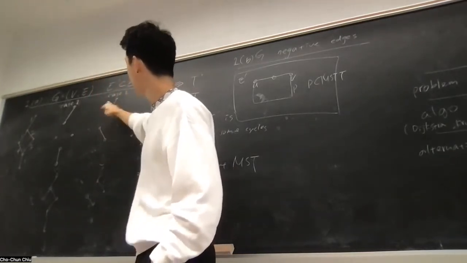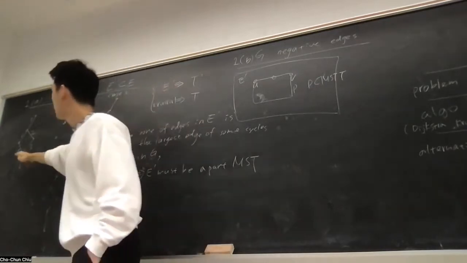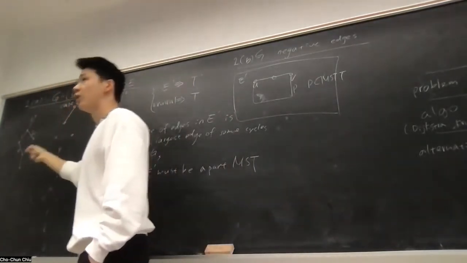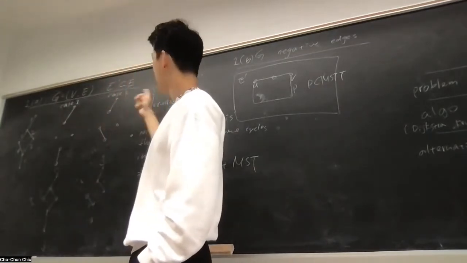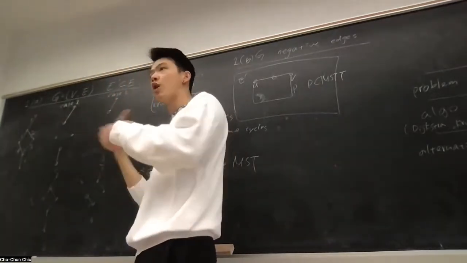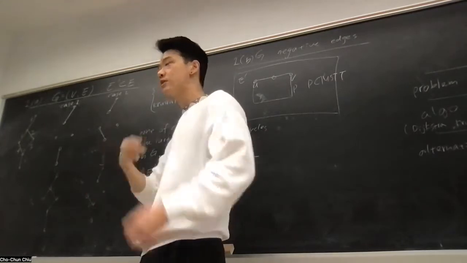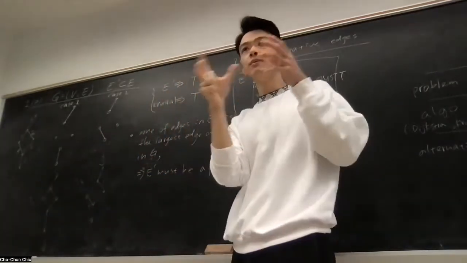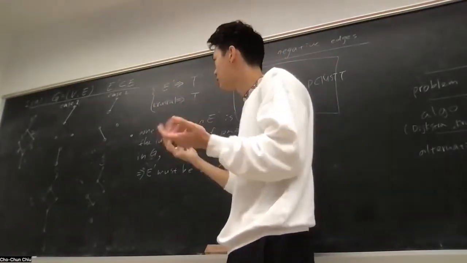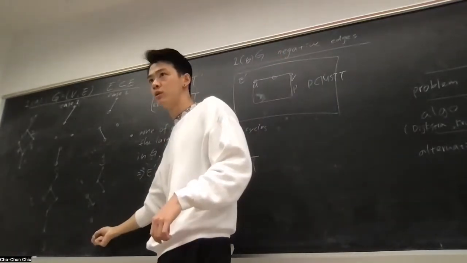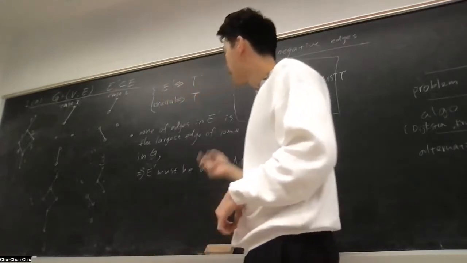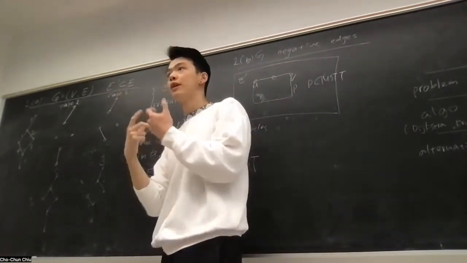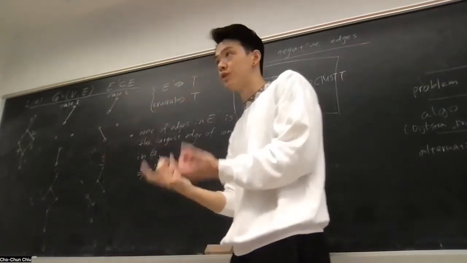Why? Because this E prime already contains the largest edge in this cycle, right? So in the beginning, this E prime contains something which is not part of MST. So if we run the algorithm from that initial stage, we'll get the wrong result, right? That doesn't guarantee the optimal result, MST.